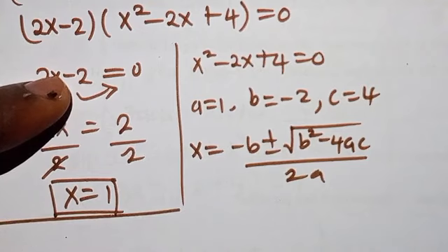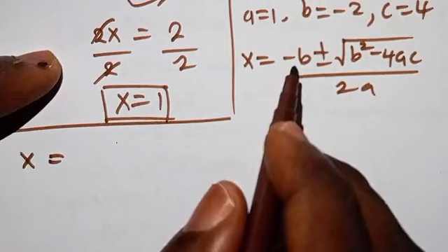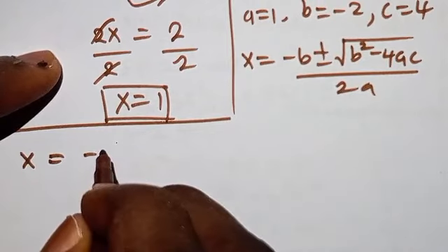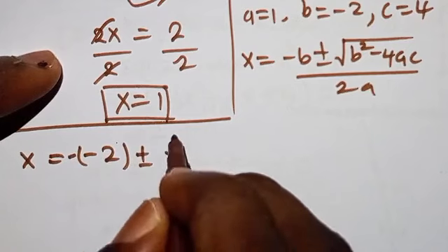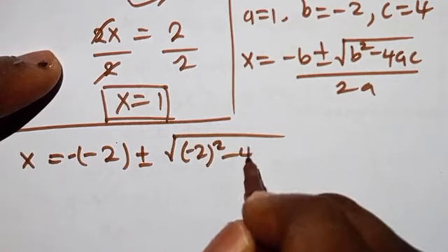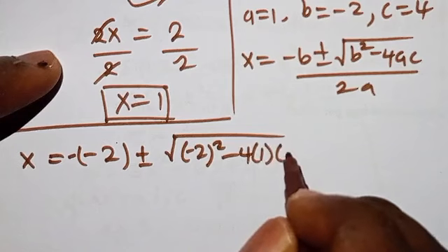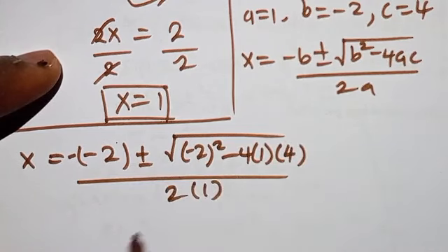So now I have x equals minus b, which is minus of minus 2, plus or minus the square root of minus 2 all squared, then minus 4 times a, which is 1, times c, which is 4, all over 2 times 1.